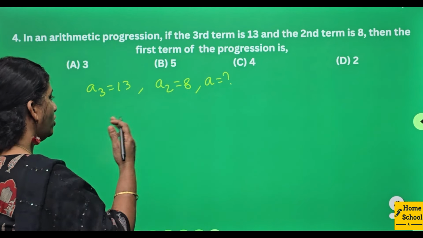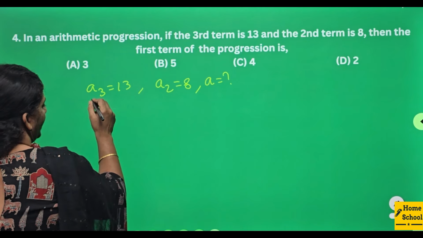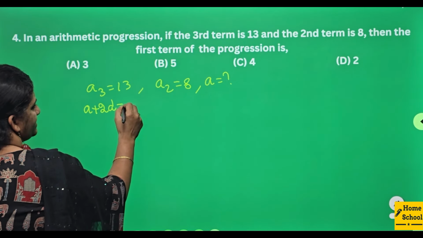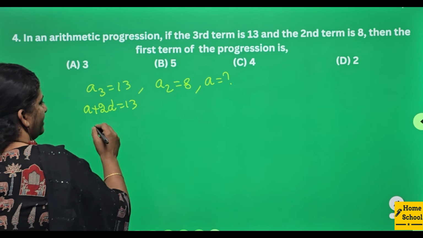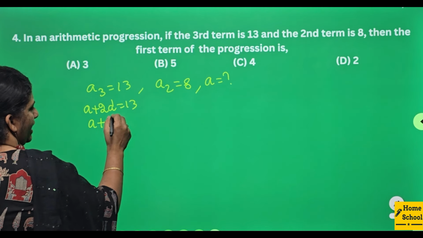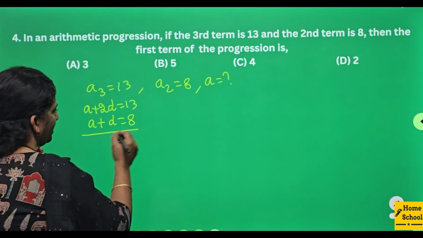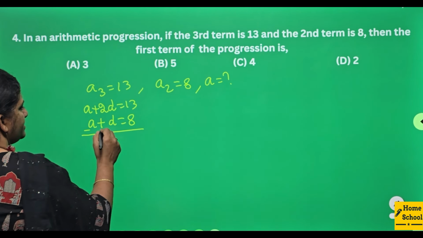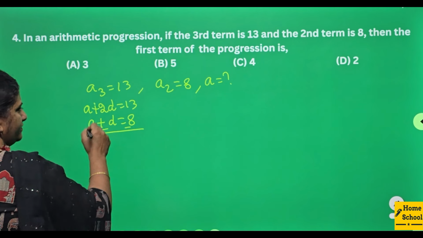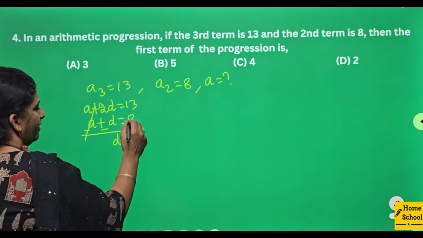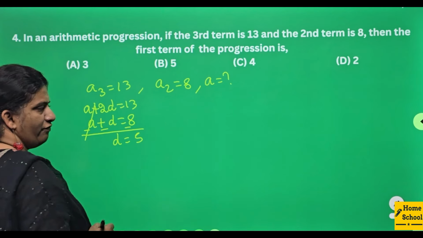Or else go with the general form. Write in general form: a plus 2d is equal to 13 and a plus d is equal to 8. By elimination method, subtract the two equations, a and minus a cancel. 2d minus d will be d, 13 minus 8 will be 5.